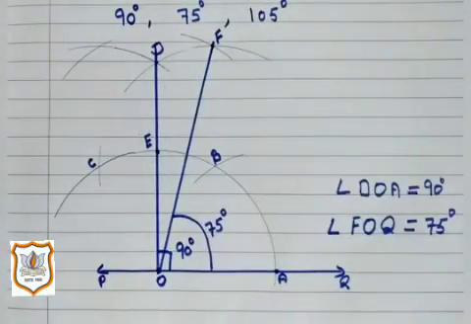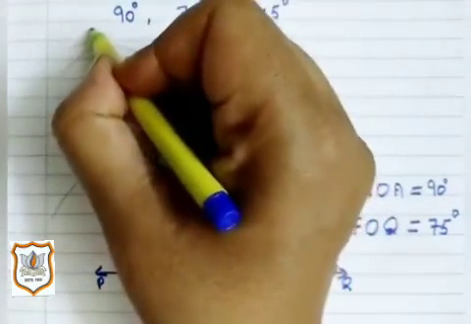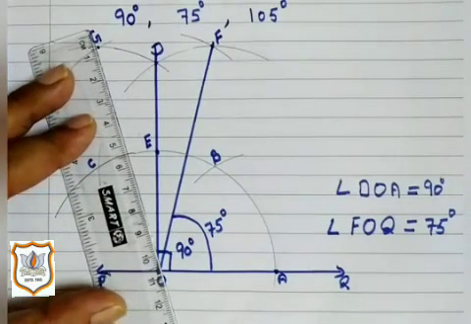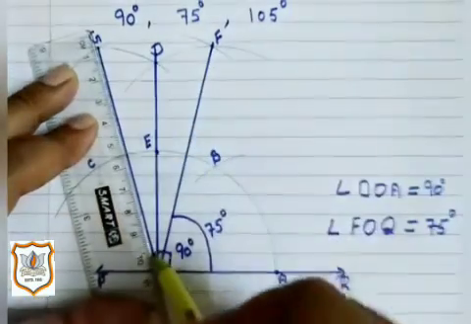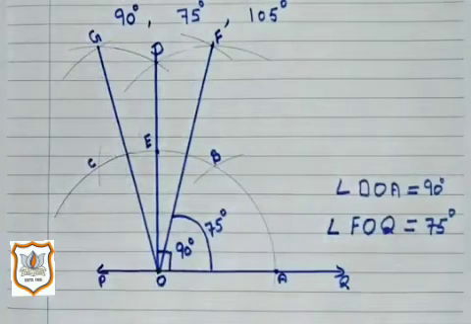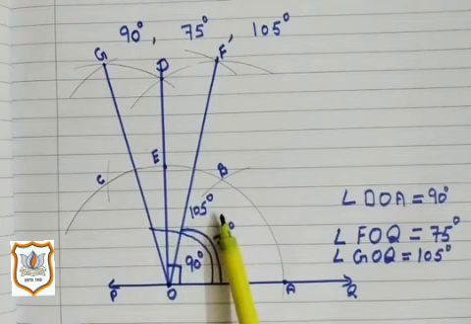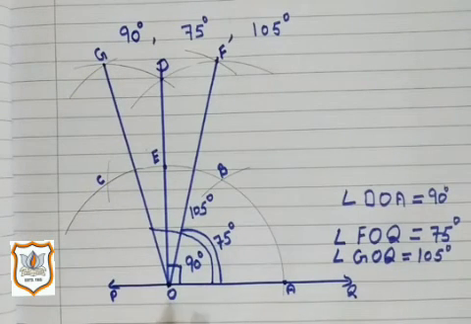Students, you can see here, these intersect each other at point G. This is point G. Now we will join point G and point O. Clear students? So this entire angle becomes 105 degree. So we write angle GOQ is equal to 105 degree.